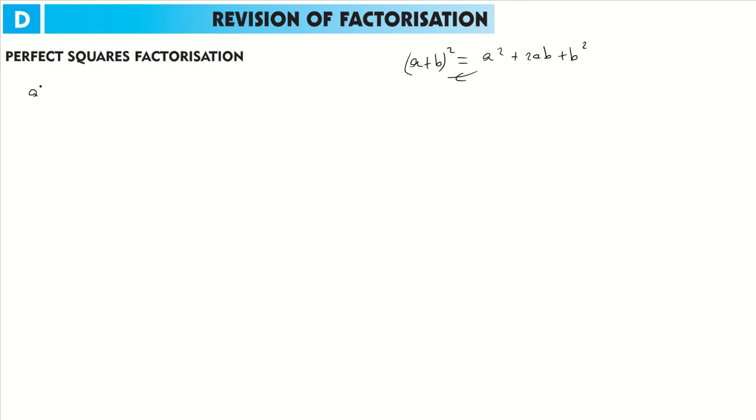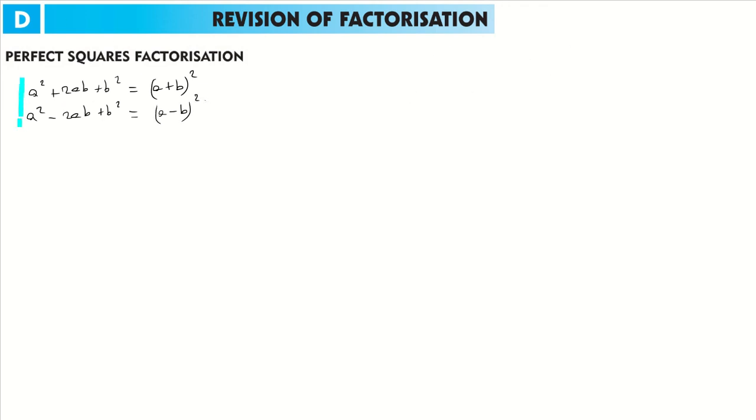So when we find something in this form, a squared plus 2ab plus b squared, we should be able to transform it to a plus b to the power of 2. The same for a squared minus 2ab plus b squared. That is equal to a minus b to the power of 2.